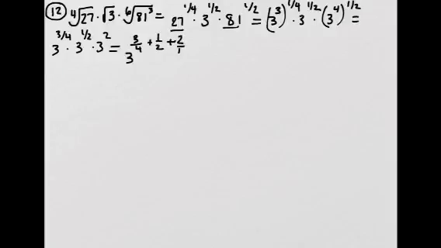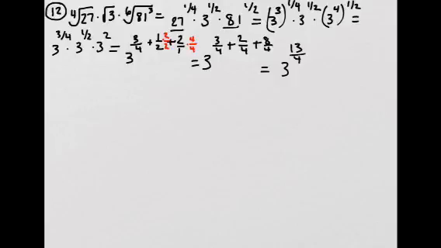I'll put a 1 underneath so we could add it all together. The common denominator is 4, so this one gets multiplied by 4 over 4, this one by 2 over 2, and so we have 3 to the 3/4 plus 2/4 plus 8/4. So that gives me 3 to the 13/4.